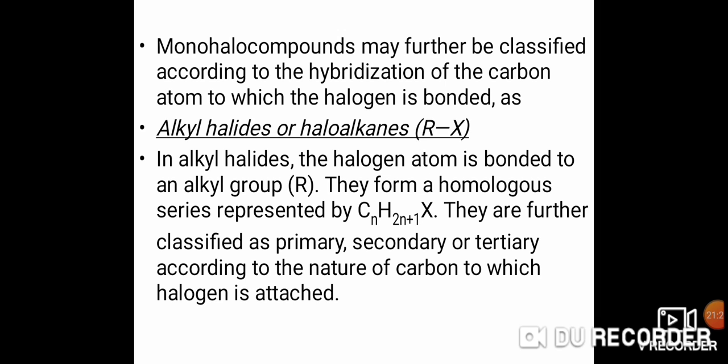So here we will get to know whether the halogen is attached to a 1 degree carbon atom or 2 degree carbon atom or 3 degree carbon atom. So according to the nature of carbon atom, the haloalkanes are further classified.